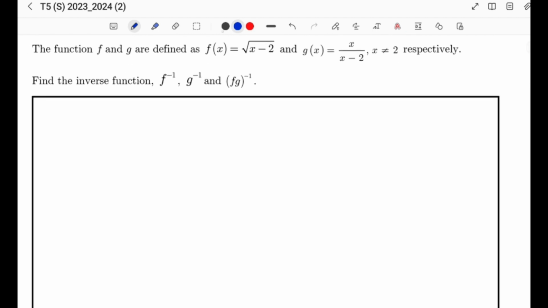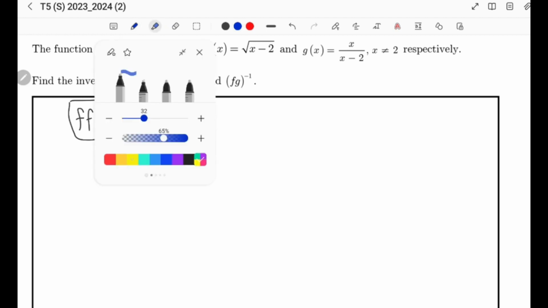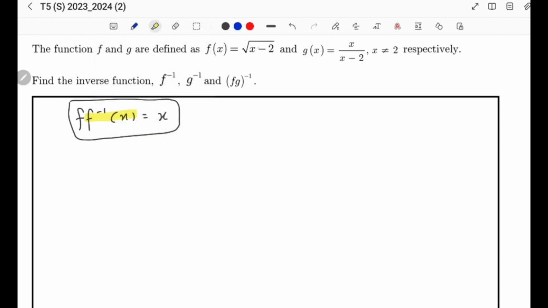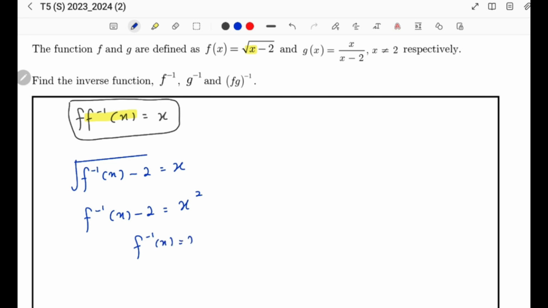So I'm going to find the f inverse first by using the formula. So we just need to substitute f inverse into the f. Then make it equal to x. Rearrange until we have f inverse as a subject. Then the same thing goes to g inverse.